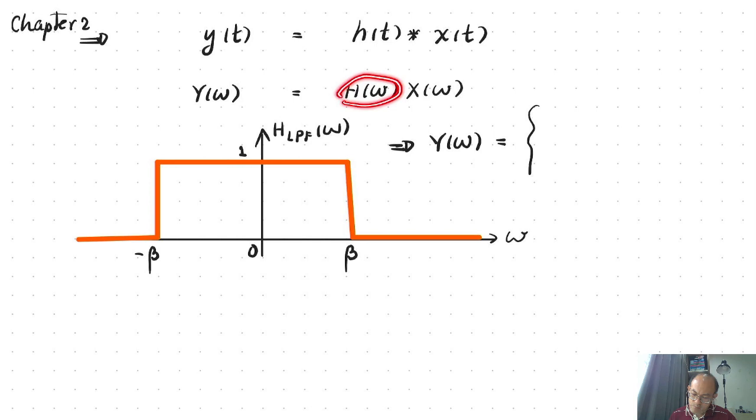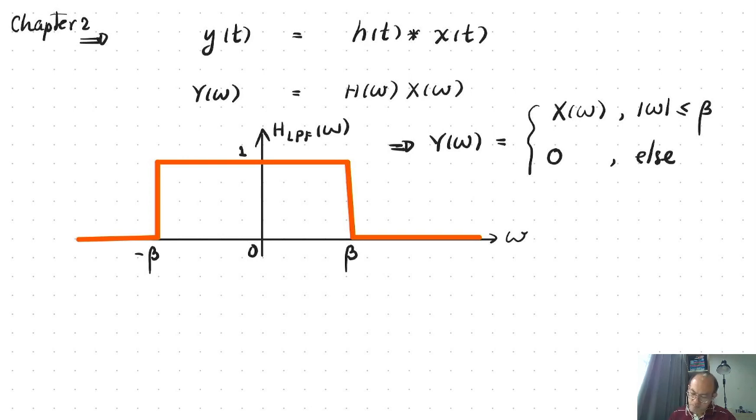And so Y would be X if omega is less than beta. But if the frequency omega is greater than beta, the value of H would be 0. So 0 multiplied by X would be 0. So it would be 0 elsewhere.